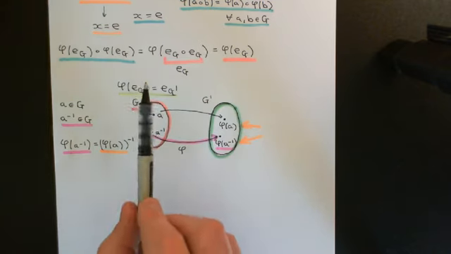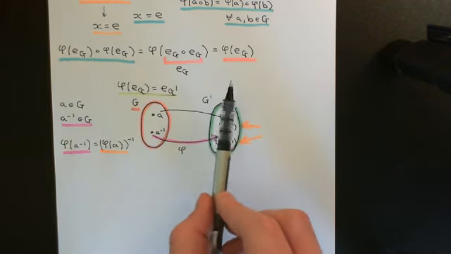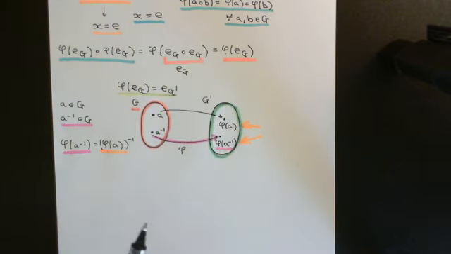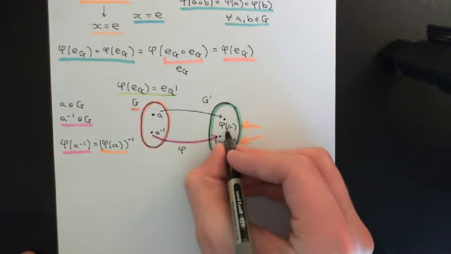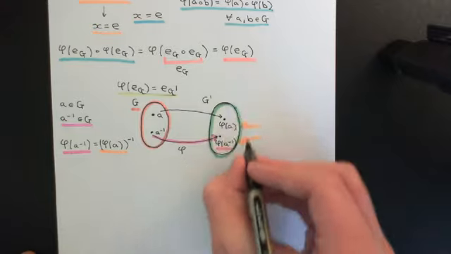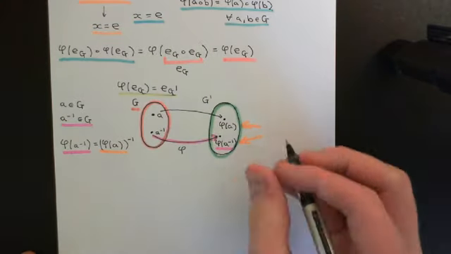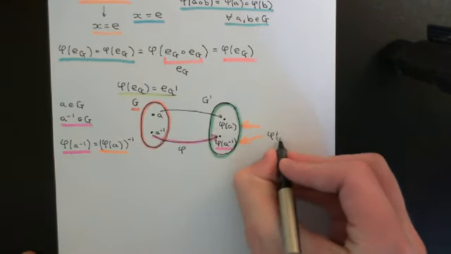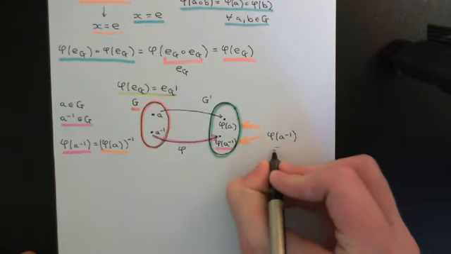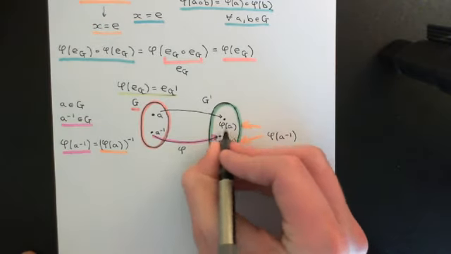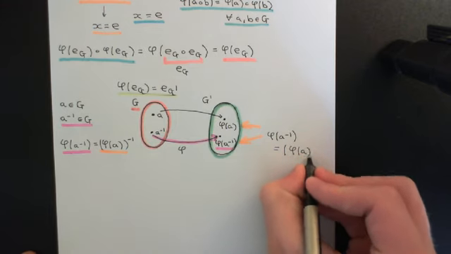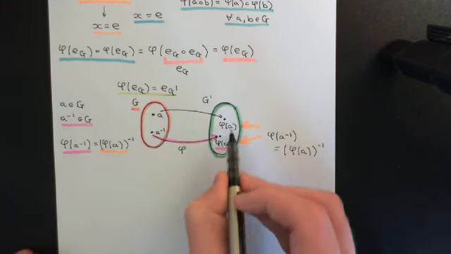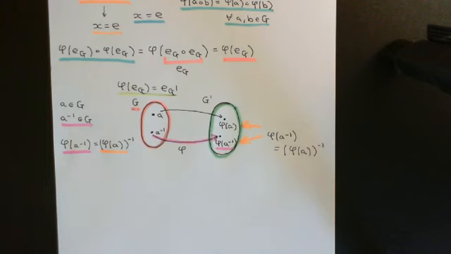Inverses remain inverses under the homomorphism. Phi of A inverse will compose with phi of A to give the identity in G prime. These two are inverses. That's what I want to show.